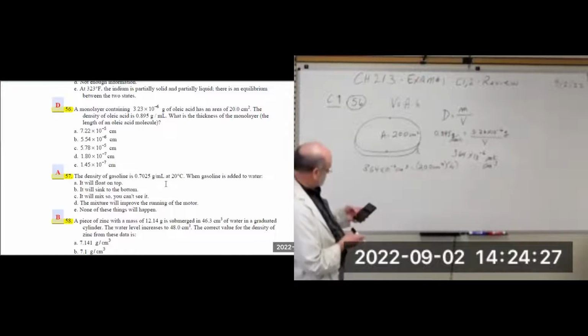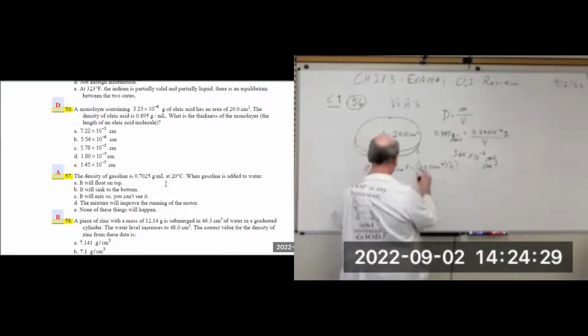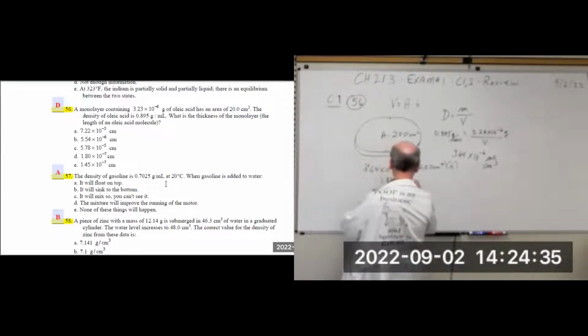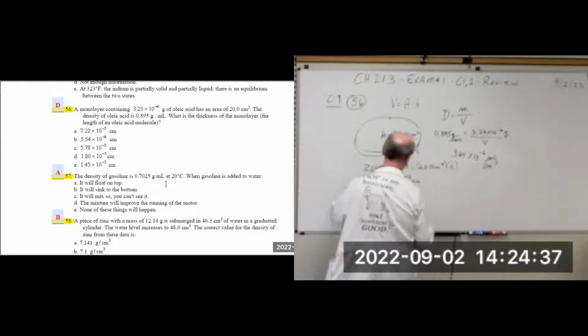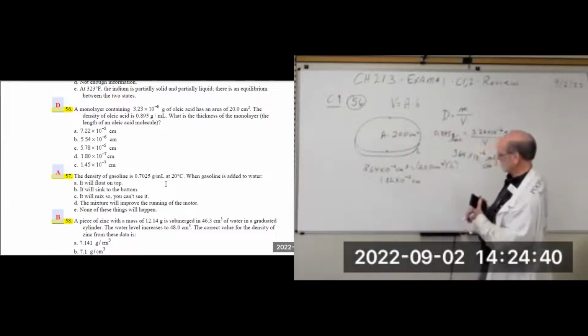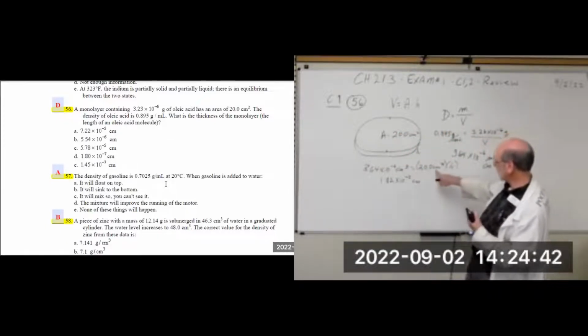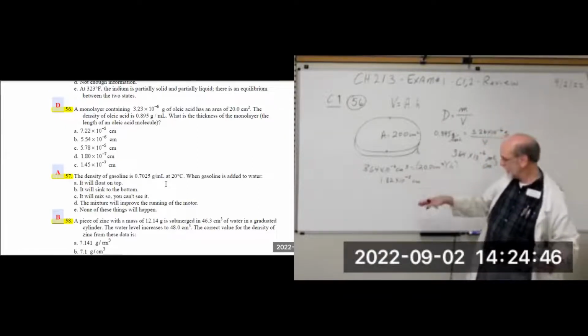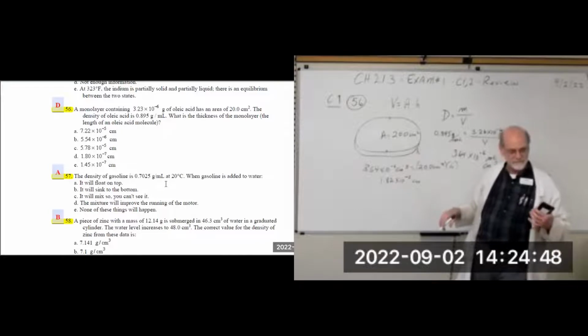And I get, let's see, 1.82 times 10 to the minus 7 centimeters. Now, is that the right units? If we divide centimeters squared into centimeters cubed, that leaves us with centimeters, doesn't it?